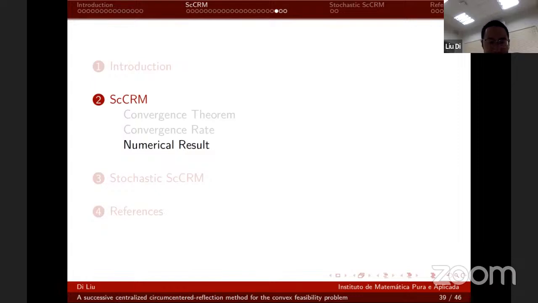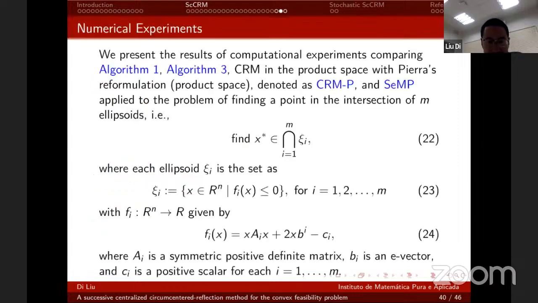Okay, next is about the numerical results. So we test algorithm 1 and algorithm 3. Here we didn't test algorithm 2 because we regarded algorithm 2 as not very practical, because in each iteration you need to, yeah.